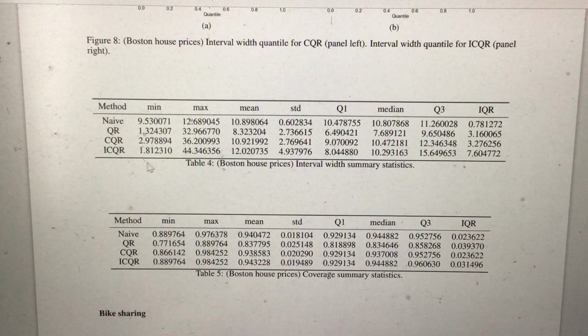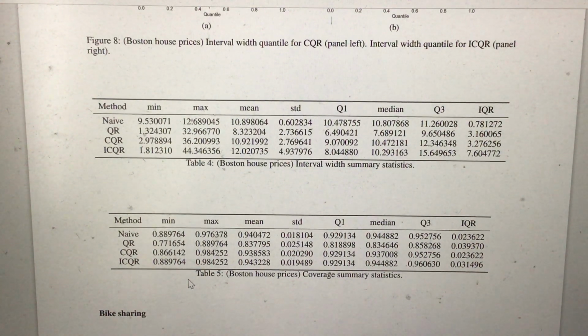I think ICQR is more adaptive because the maximum becomes 44, and the standard deviation also shows that ICQR is larger. Also the coverage of ICQR is better than QR.